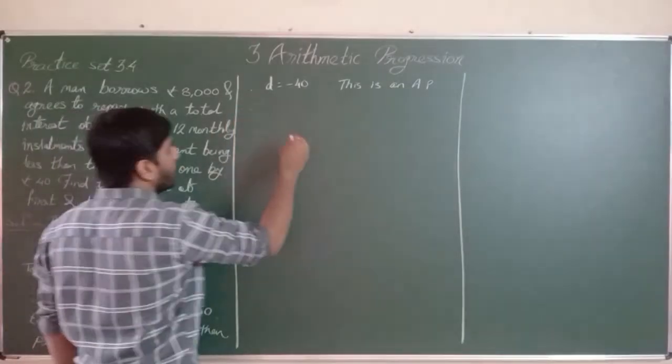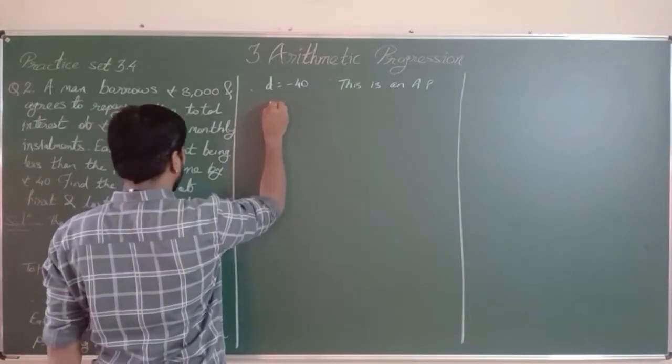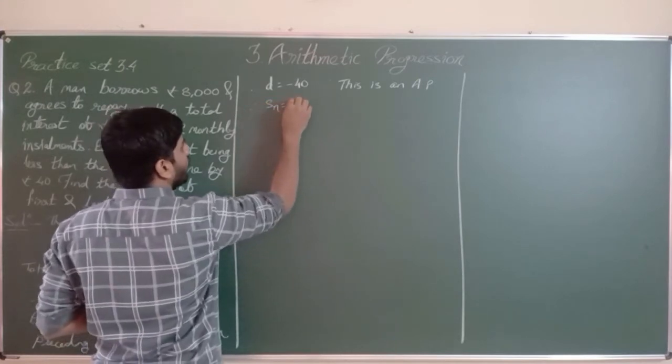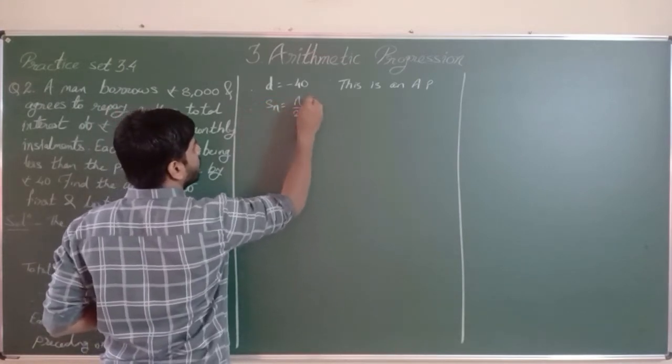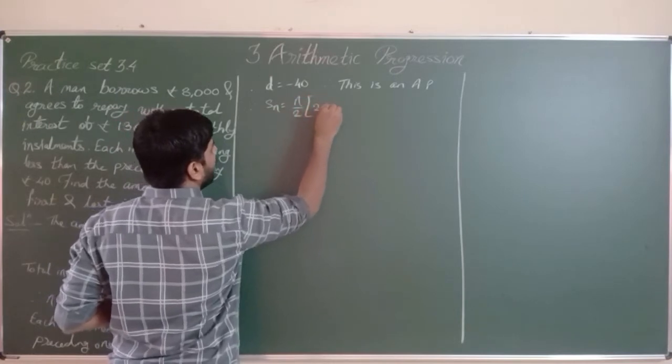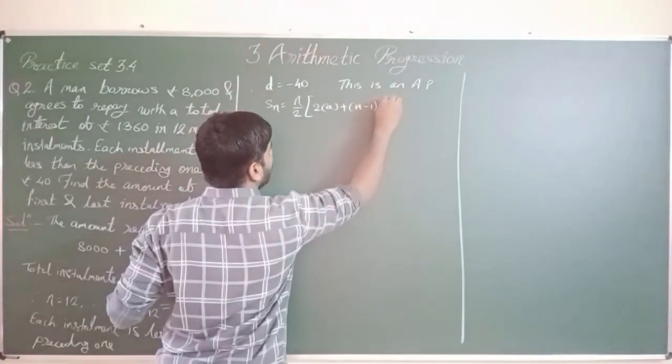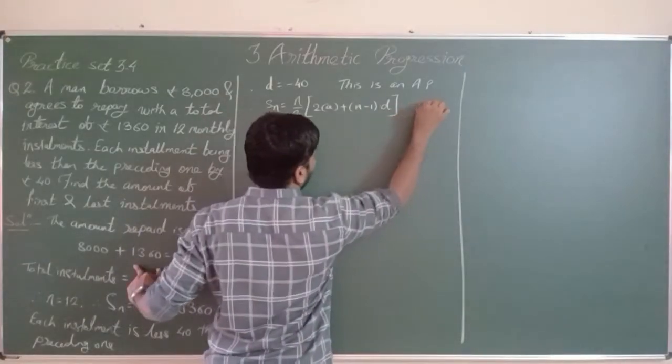Therefore, we will use formula of Sn, where Sn is equal to n upon 2 into 2 times a plus n minus 1 into d. So this is the formula.